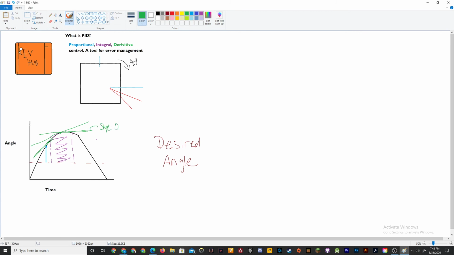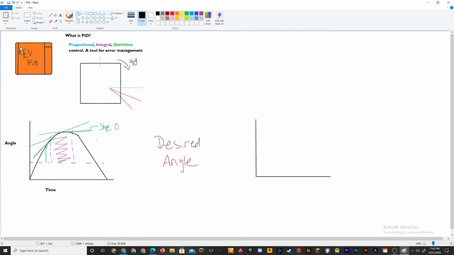What derivative control does essentially is look at how fast your angle is actually changing. Let's say you have another graph, in black, with the same variables. I'm not going to write them down again.